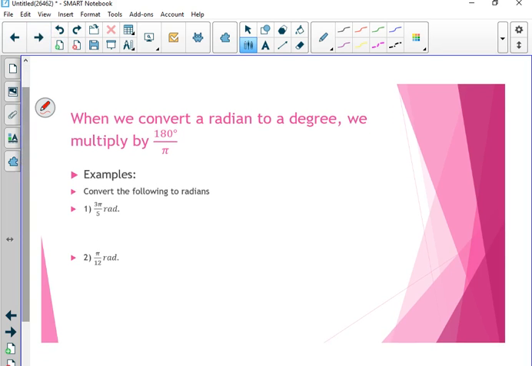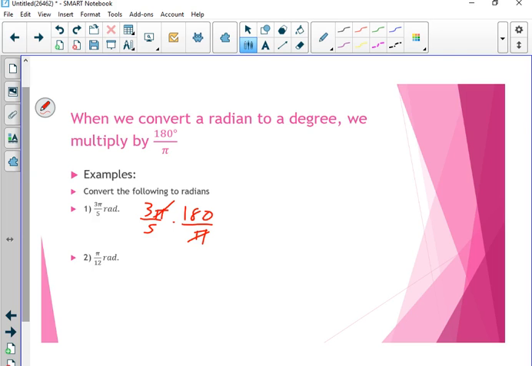Now, we're going the other way. We're converting radians to degrees. We multiply by 180 over pi. Just flip it. So 3 pi over 5 times 180 over pi. Well, first off, the pi's are going to cancel. Now we can do 3 times 180 on our calculator divided by 5. Or we can do 5 goes into 180 and times 3.